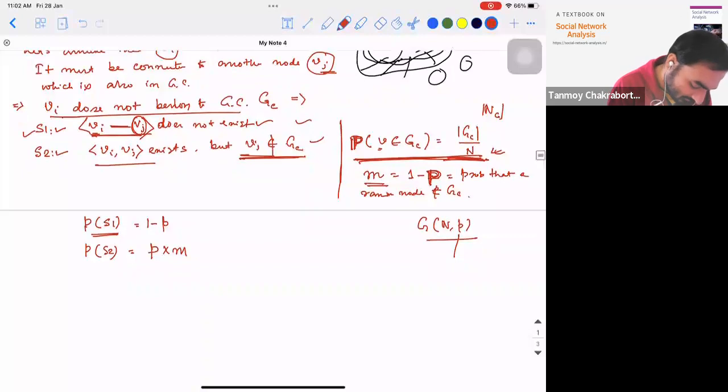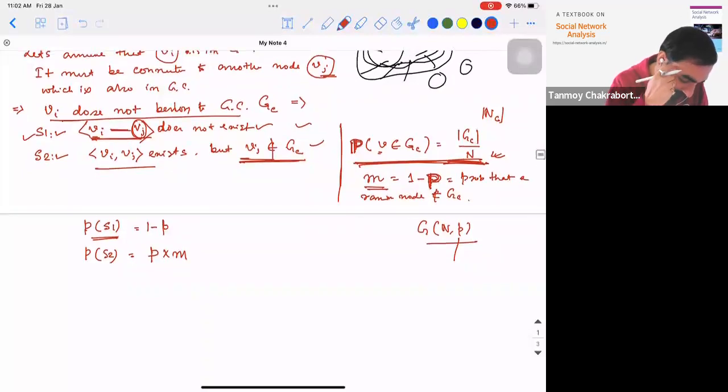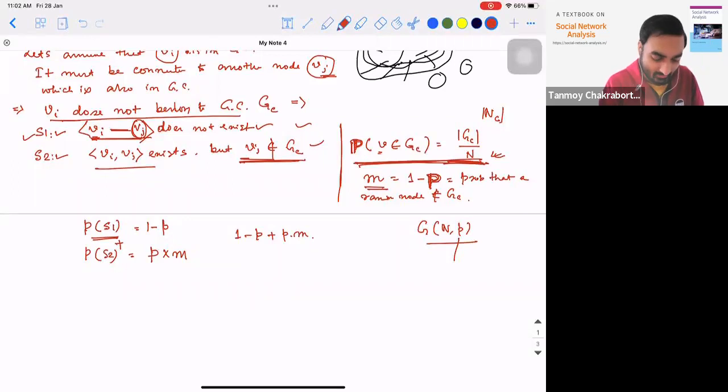So what is the total probability that a particular node does not belong to the giant component? This is this plus this, so 1 minus p plus p times M. This is the combined probability.